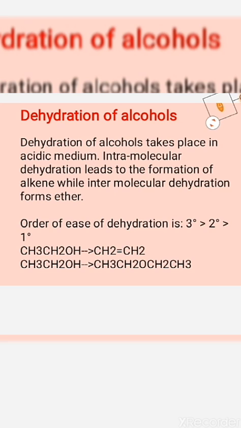Dehydration of alcohol. This is another important reaction. If intramolecular dehydration takes place, alkenes are formed, while if intermolecular dehydration takes place, ethers are formed. This again depends on the temperature as well as which dehydrating agent we are using. Generally, we use concentrated H2SO4, sulfuric acid, as a dehydrating agent, in which alkenes or ethers may be formed.